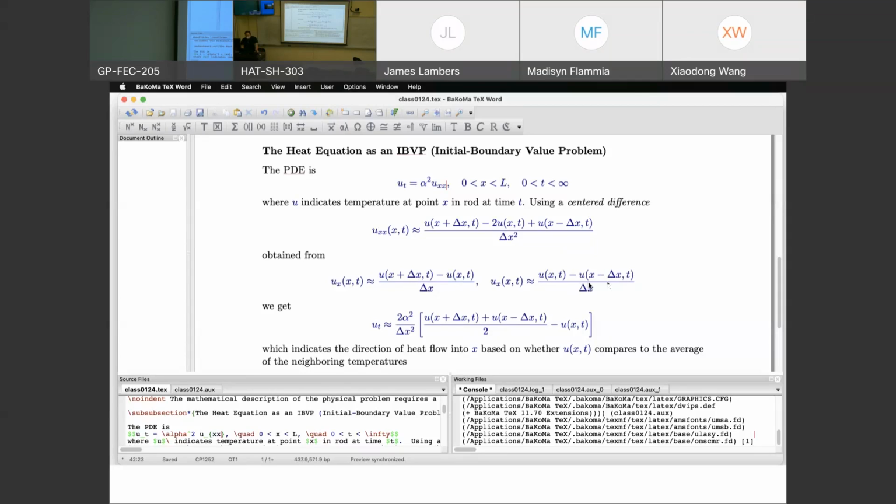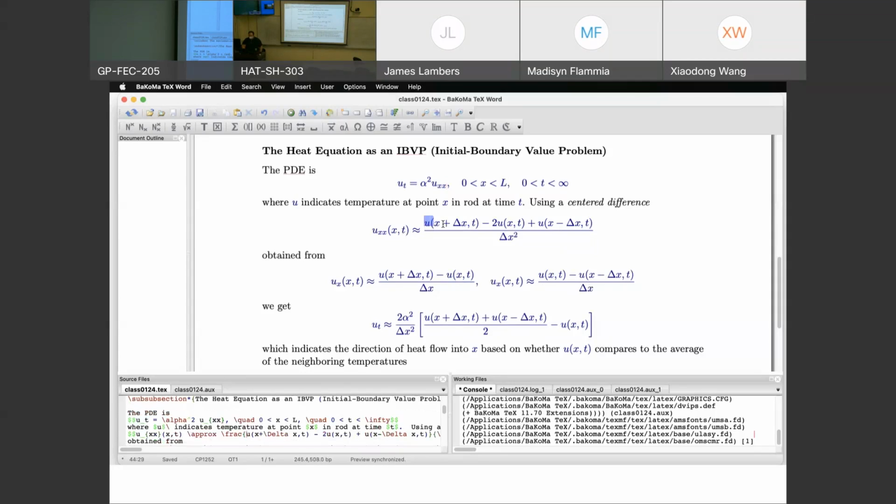And if I take the difference of these two to approximate the second derivative, then this is what I get. So this minus this over delta x gives me a center difference for a second derivative. Now, if I substitute this approximation in for uxx here, then this is what my PDE looks like.